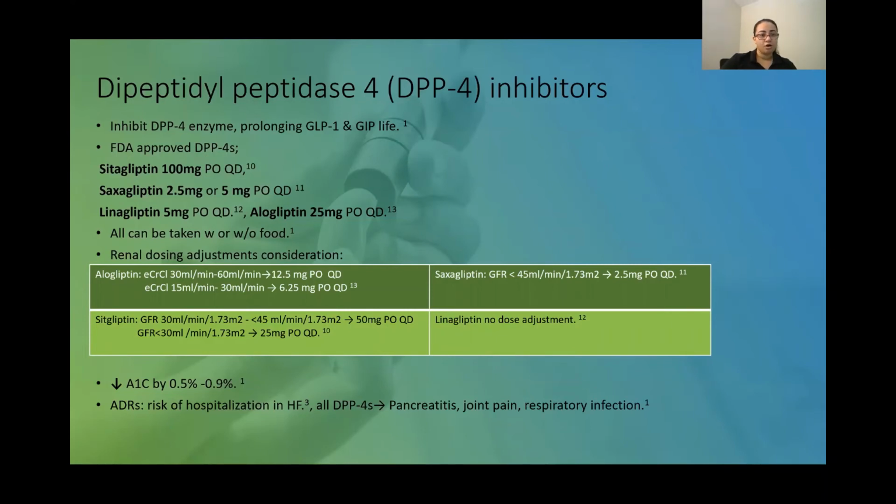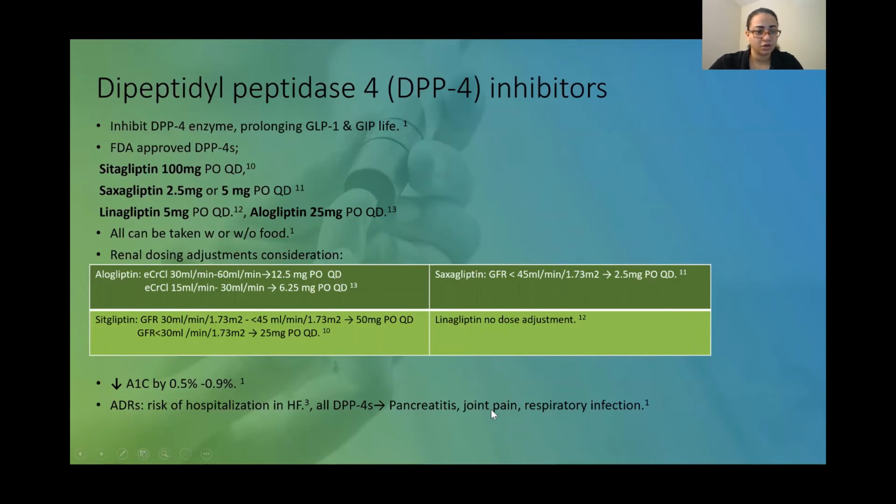The FDA-approved DPP4s are sitagliptin, taken as 100 milligram by mouth daily. We have saxagliptin, taken as 2.5 milligram or 5 milligram daily. We have linagliptin, 5 milligram by mouth daily, and alogliptin, 25 milligram by mouth daily. They could all be taken with or without food.